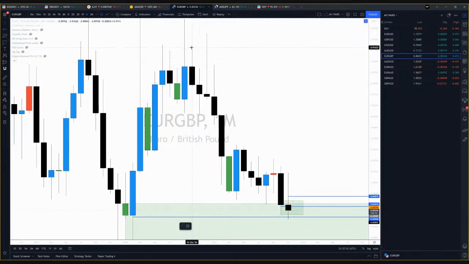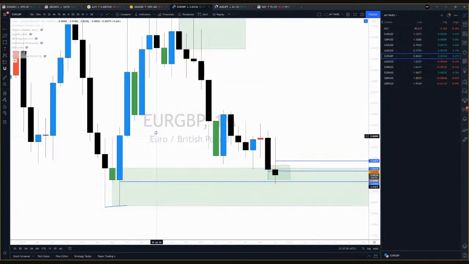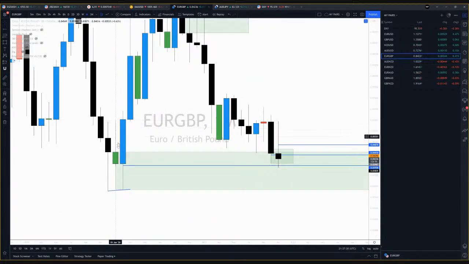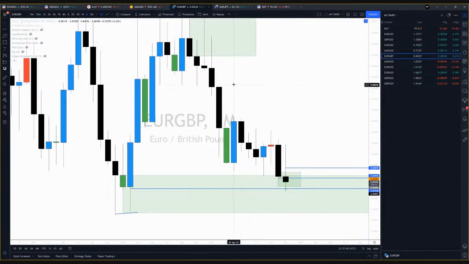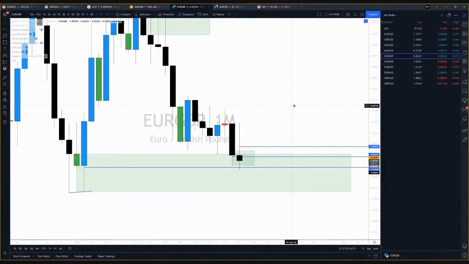And once we did that, where did price go? Here. That's the one that price closed above in a swing. So that's where price came to. And you can see how amazing it has been to the downside.